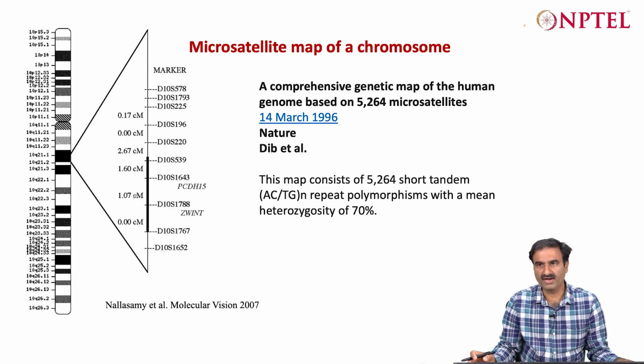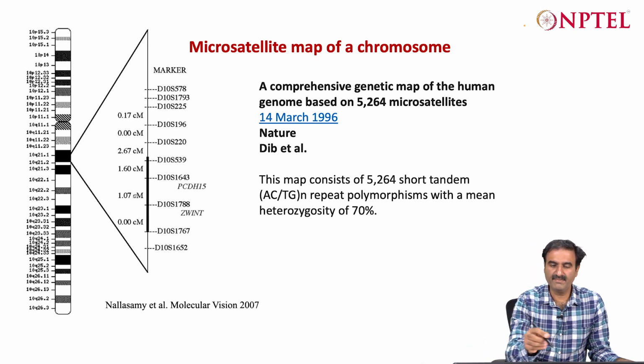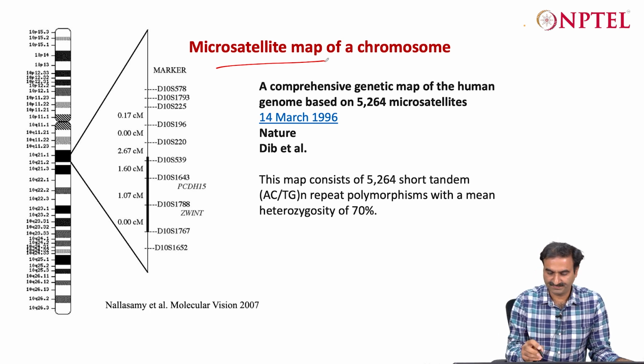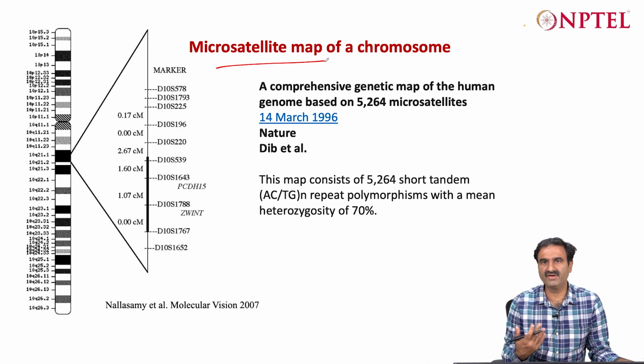Now to cover these large genomes, the earlier strategy was to build a microsatellite map. Microsatellites are repetitive units which are polymorphic and present in individuals. Their positions are generally conserved, but their lengths are not.